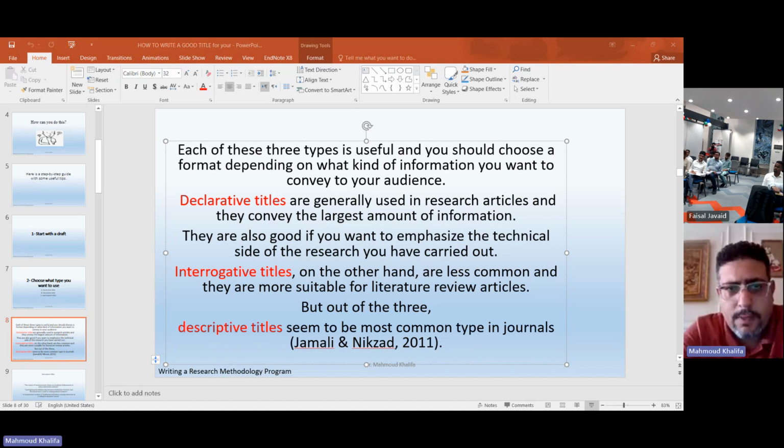Now we have examples for descriptive titles. Descriptive titles are suitable for social sciences. As we see, the first title: the impact of socioeconomic status on academic achievement in urban elementary schools. Second title of descriptive: investigating the relationship between meditation practices and perceived stress levels in undergraduate students.